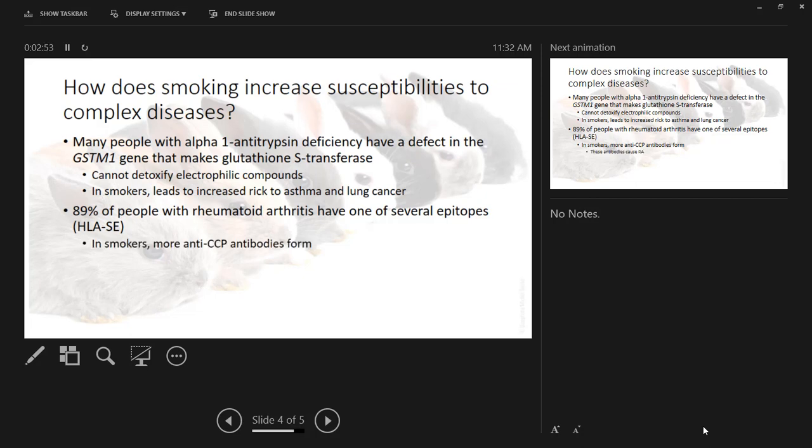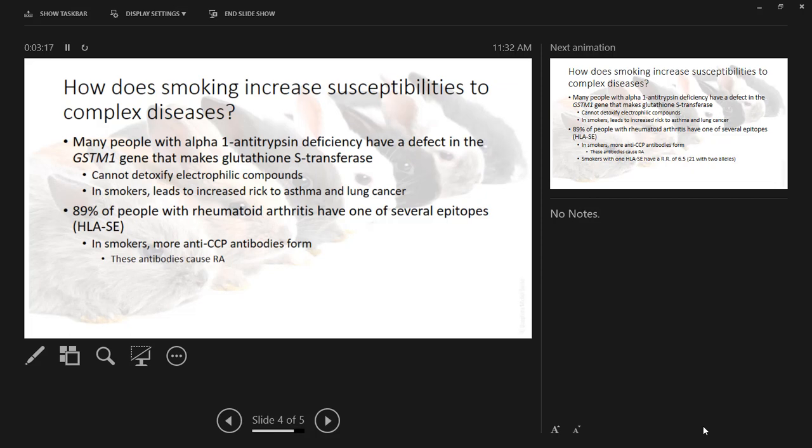So in smokers, people with one of these mutations in this suite of genes are significantly more likely to develop what we call anti-CCP antibodies. And these are the antibodies, I have that in the next point. These antibodies cause rheumatoid arthritis.